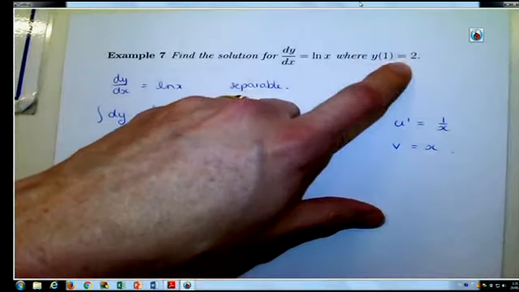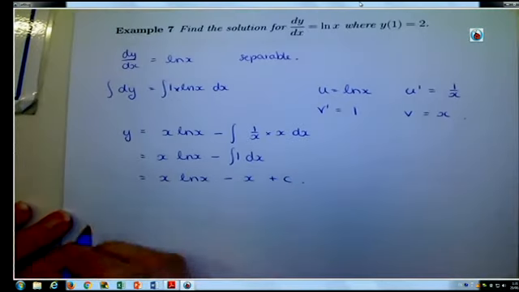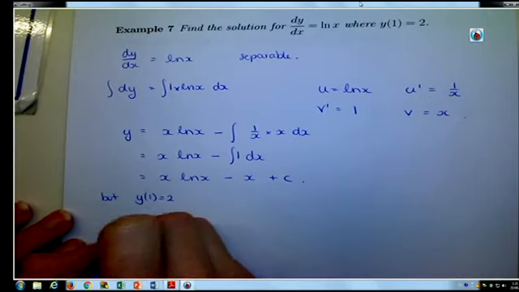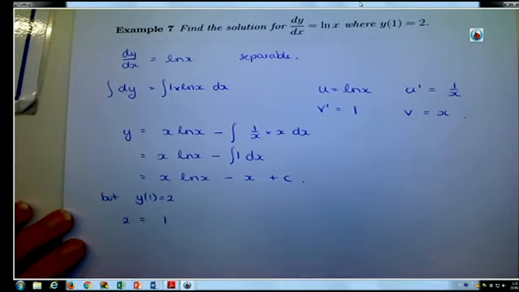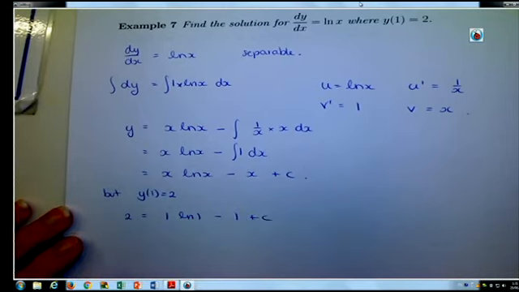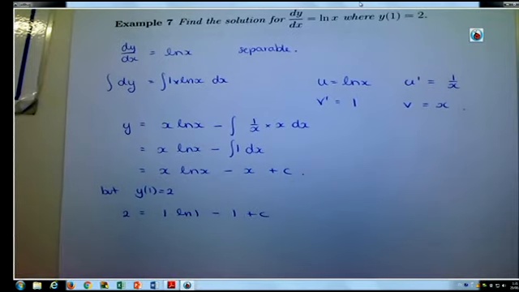However, this is a boundary value problem, so we have to figure out what our c is. What's the log of 1? Beautiful, 0.